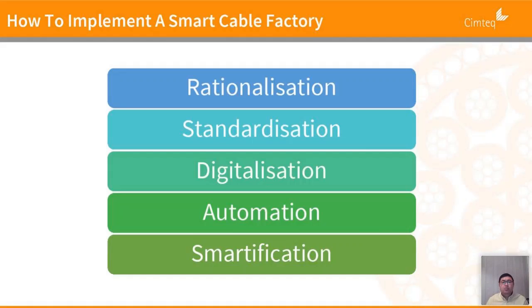Stage 1 is called rationalization. Here we're talking about making everything make sense, including your operations, your workflows, or even your business flows, maybe your design flows, all of these basic day-to-day jobs. Are they making sense? Are they rationalized enough? Believe me, not all factories have overcome this stage.